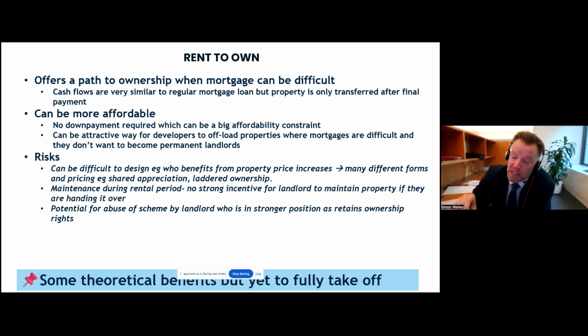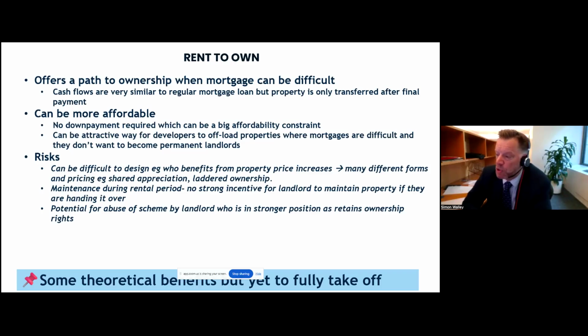So there's lots of benefits, but it is also very difficult, and this is why we're working hard on it. Particularly to get it to scale and to institutionalize it, you need the ecosystem around rental to work.